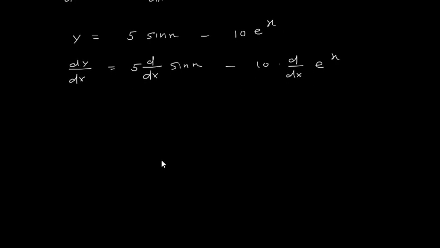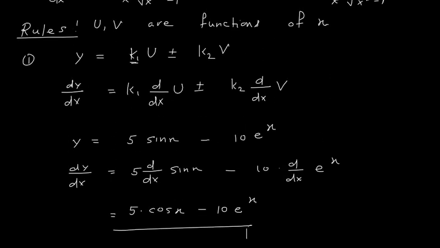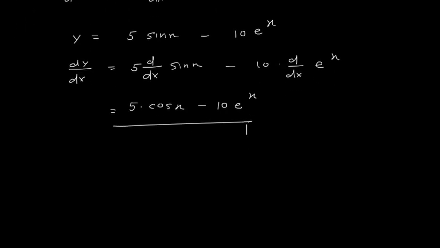So here I will get 5 into the derivative of sin x, which is cos x. Here the formula comes into the picture; you have to know the formula. Minus 10 into the derivative of e power x, which is e power x. So this is how you get the derivative when your functions are in addition or subtraction form. Now I am taking two functions only; there could be three functions, four functions. Okay, this is the first rule.